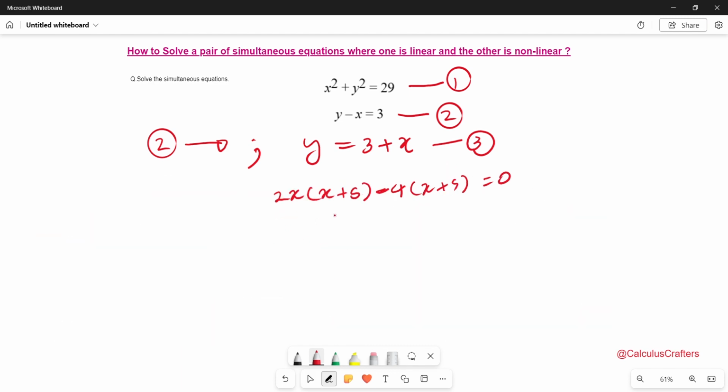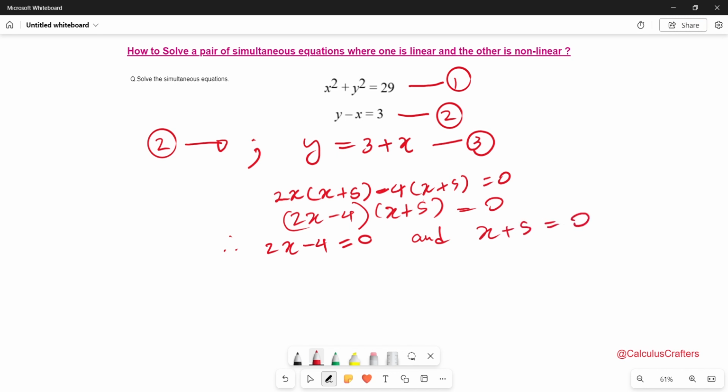Write it down as a multiplication of two factors, 2x minus 4 and x plus 5. So let's factorize this equation. Actually, the factors are given there. Then we can say therefore 2x minus 4 equals 0 and x plus 5 equals 0.